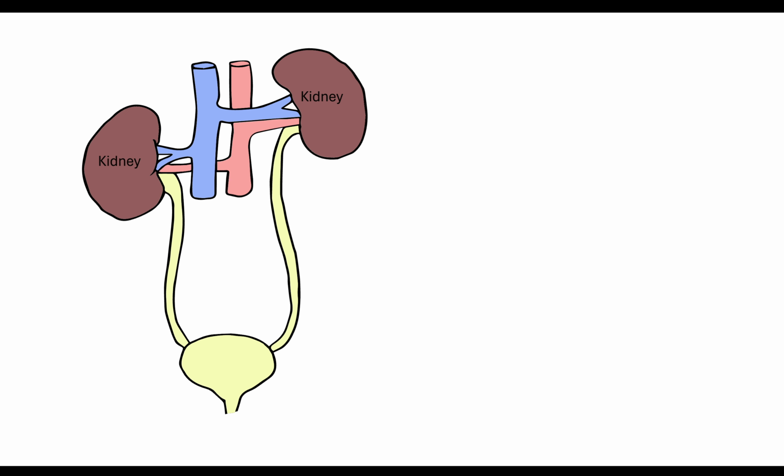That ammonia then gets converted into urea through the process of the ornithine cycle. So what we need to do is filter this nitrogenous waste, this urea that has been produced at the liver. Therefore it needs to be transported from the liver to the kidneys, and it gets transported in the blood through the renal artery.